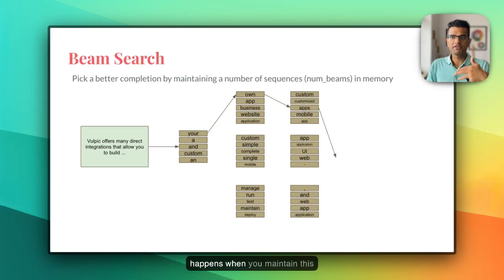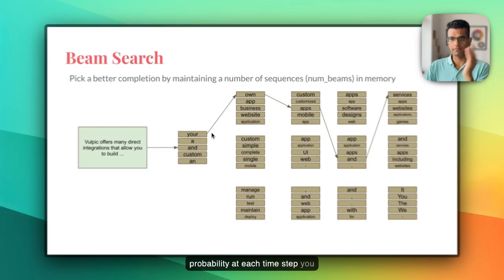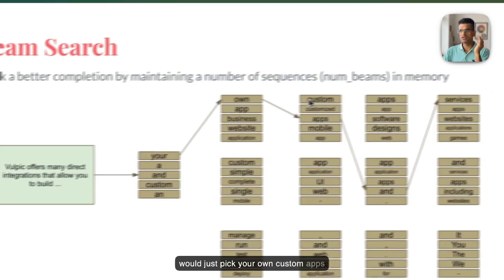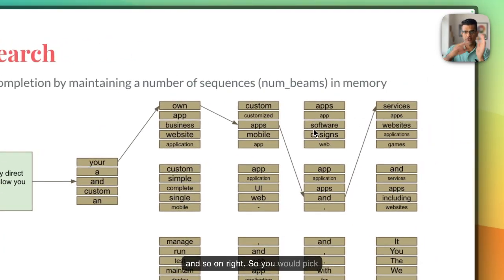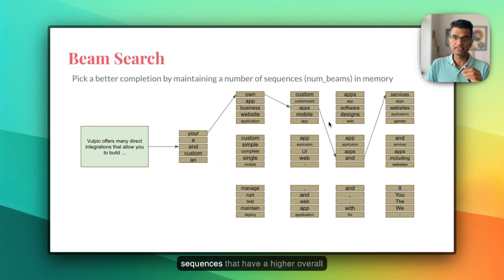And what happens when you maintain this sequence, as you see here, if I had gone with just the highest probability at each time step, you would just pick your own custom apps and so on, right? So you would pick the one which has the highest probability. But now, because you've kept this number of sequences in memory, you end up discovering sequences that have a higher overall probability across time steps.